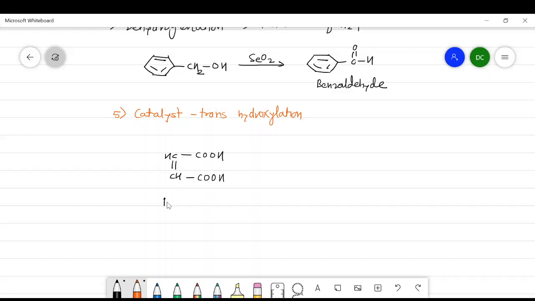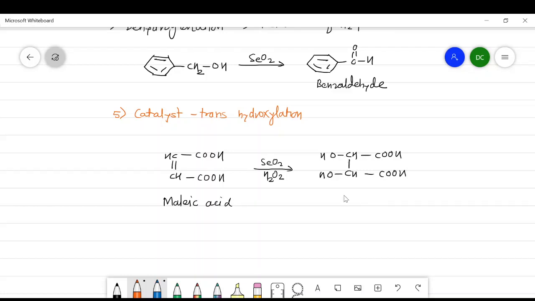When SeO2 is used in combination with H2O2, this CH double bond CH group is converted into CH-OH, here also OH, and COOH. It is nothing but a hydroxylation process, but this OH and this OH group are opposite to each other. In this way, a trans-hydroxylation occurs to give the corresponding dihydroxy compound.